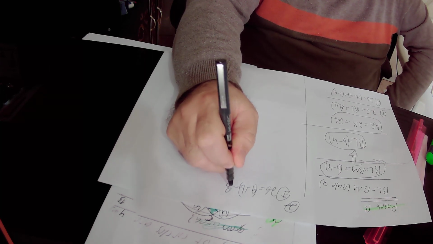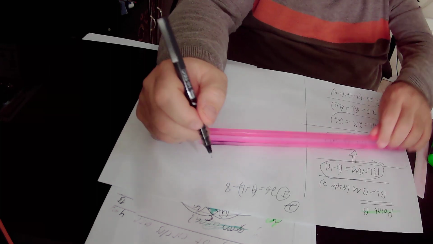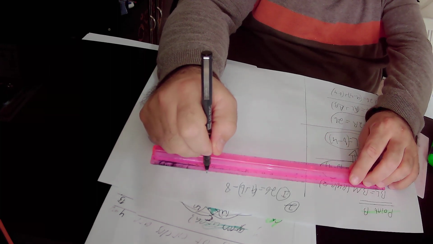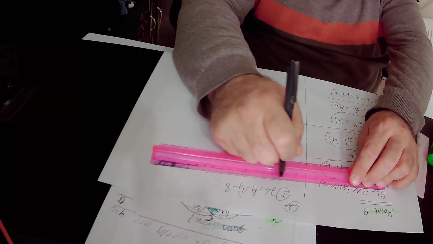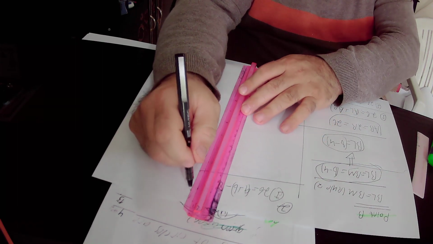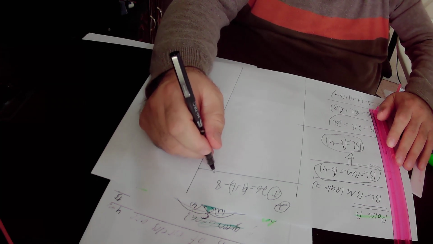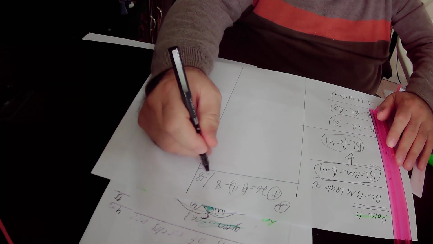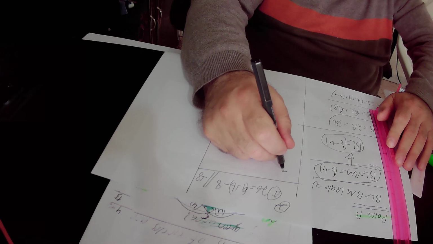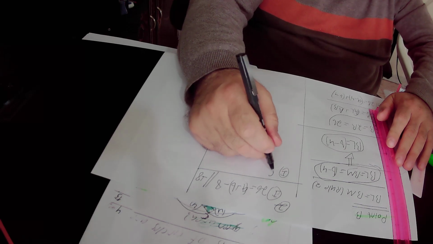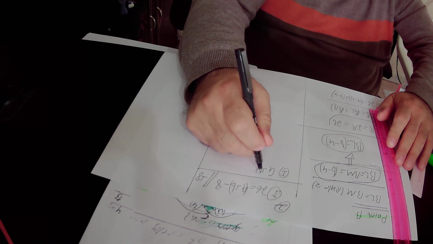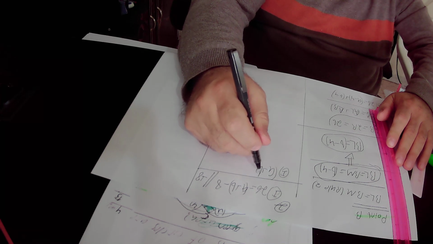So in conclusion, according to equation number 1, 26 equals A plus B minus 8. Here we add 8 to this equation, and we get that according to equation number 1, A plus B equals 34.